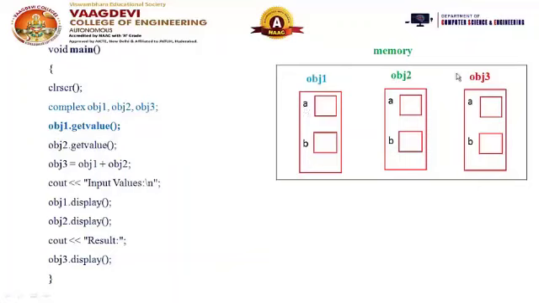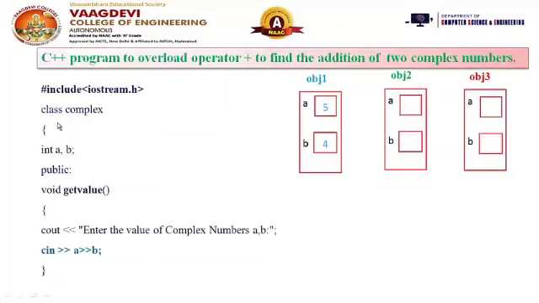In the next statement, obj1.getValue calls the getValue method in the complex class. The getValue method is invoked by using the object obj1, so the control goes to the getValue method definition. By using the cout object, it prints the data on the monitor.